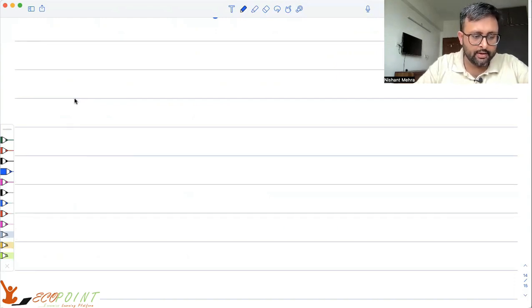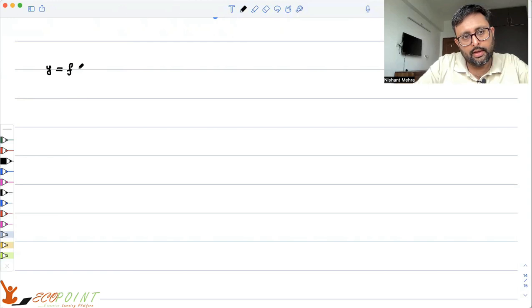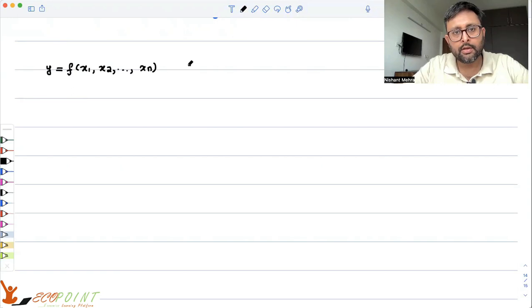We also know that at the optimal point, all the partial derivatives have to be equal to 0. In the earlier recording, we said, if your y is equal to f of x1, x2, and so on to xn, this is the function of several variables.